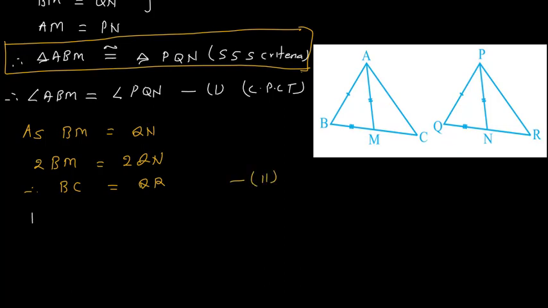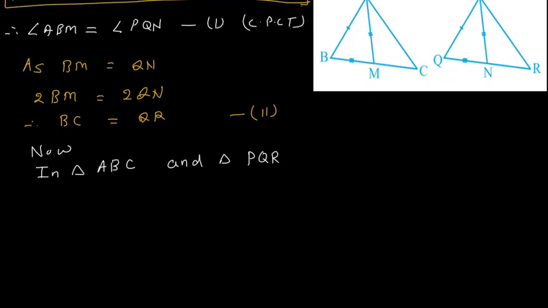Now, I will take triangle ABC and triangle PQR. In triangle ABC and PQR, we have AB is equal to PQ. We have angle B is equal to angle Q. This is my given part.